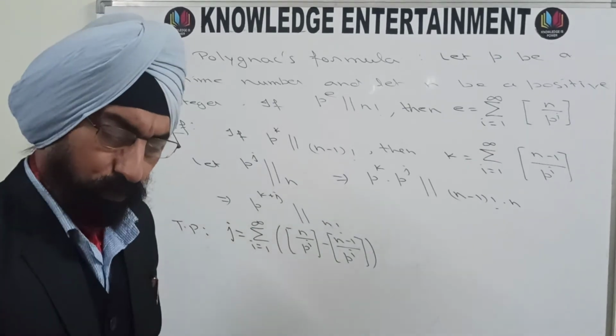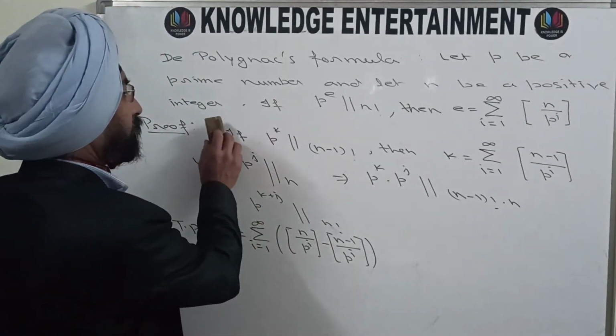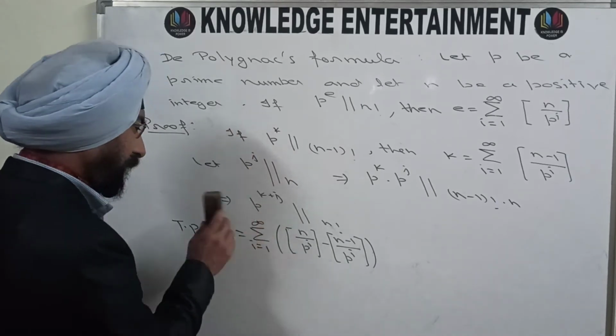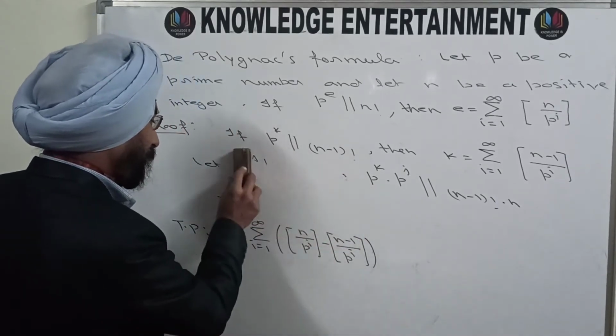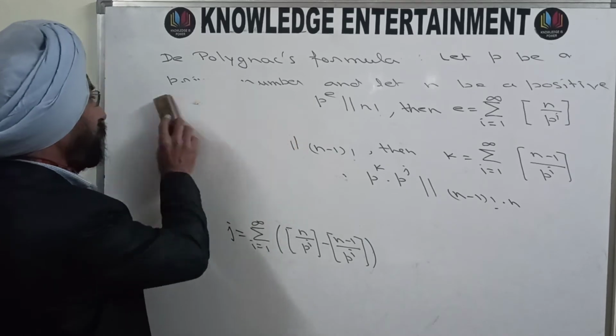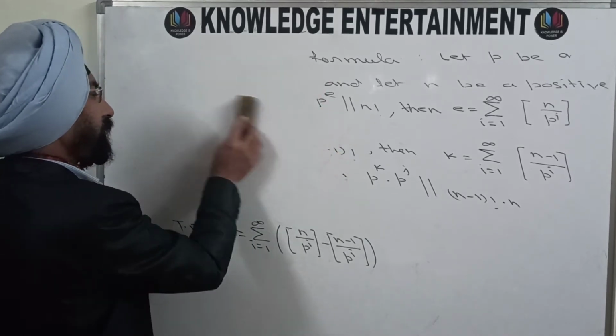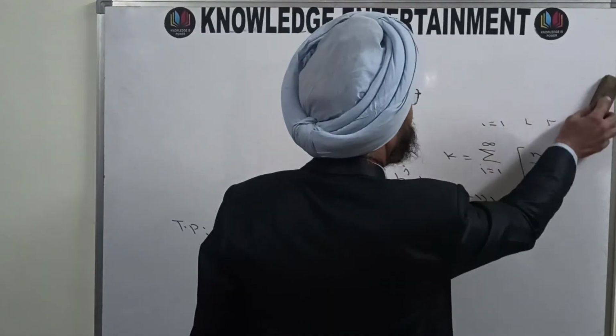This result I am not going to rub off because actually we want to prove this result now. If we can prove this result, that means we have proved the theorem.